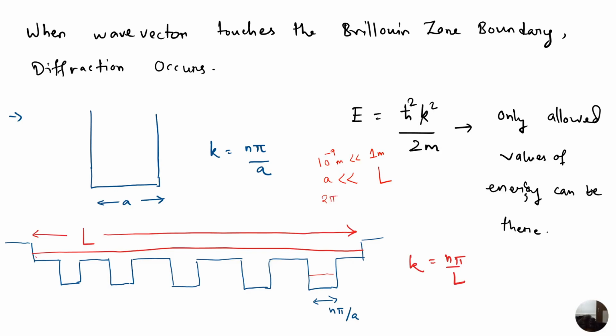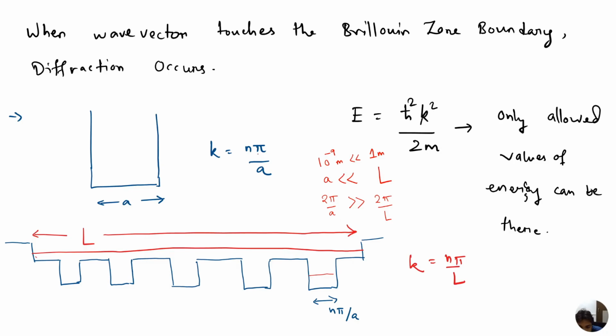So 2 pi by A, when this A goes to the denominator, is very large than 2 pi by L. Yeah, because A is very small. It is of the order of 10 to the power minus 9 meter.